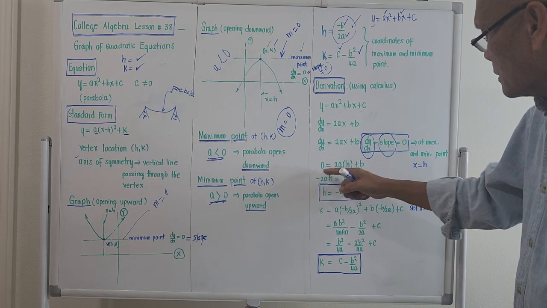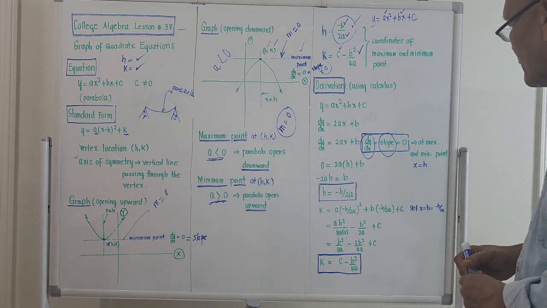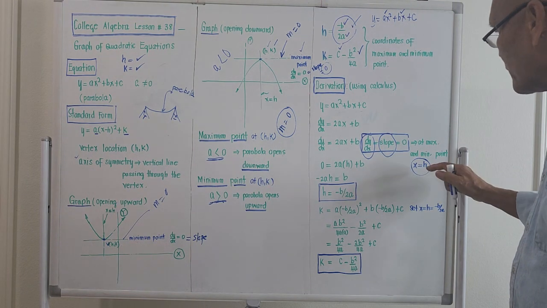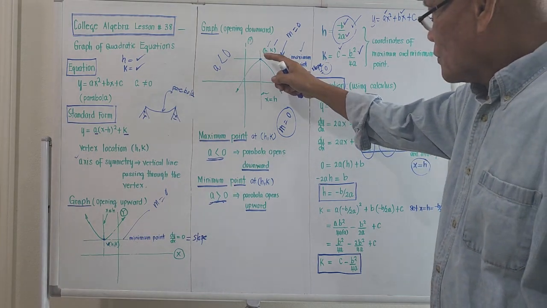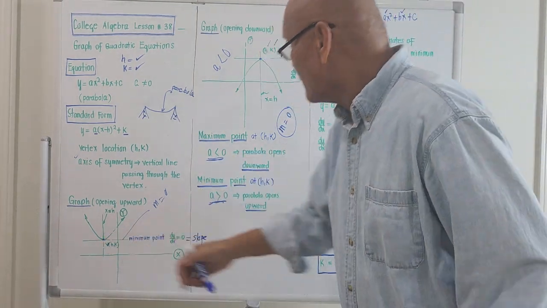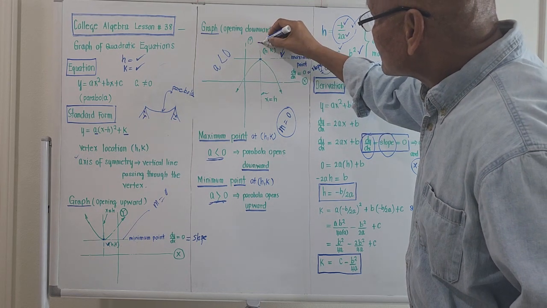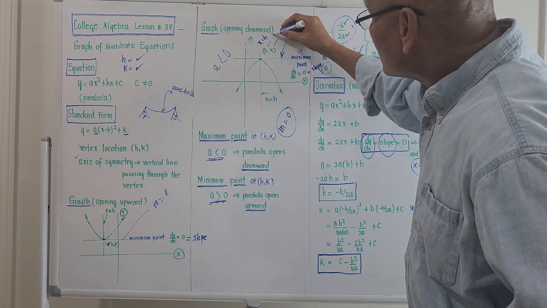We place it here: 2a multiplied by x, where we set the value of x equal to h. Why h? Because at the location of the maximum or minimum point, the value of the abscissa is x equal to h, and the value of the ordinate is y equal to k.